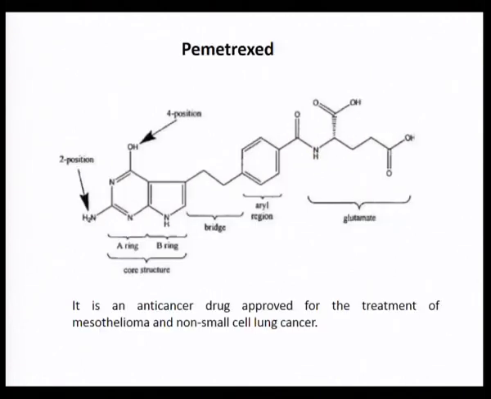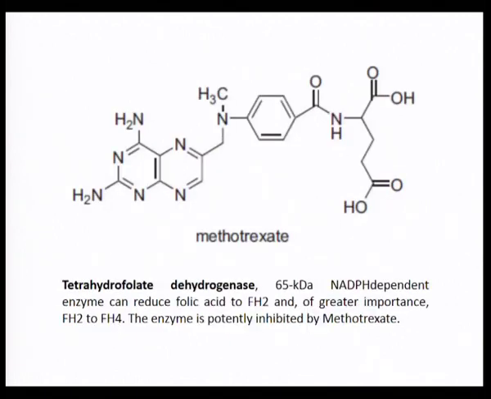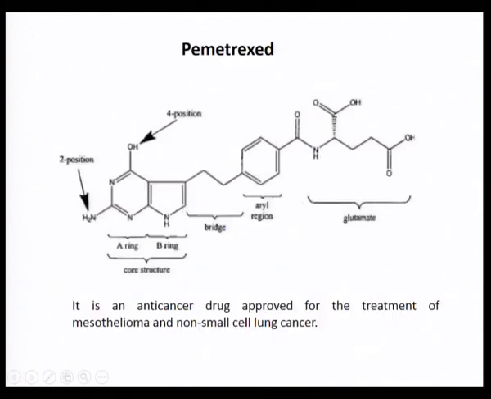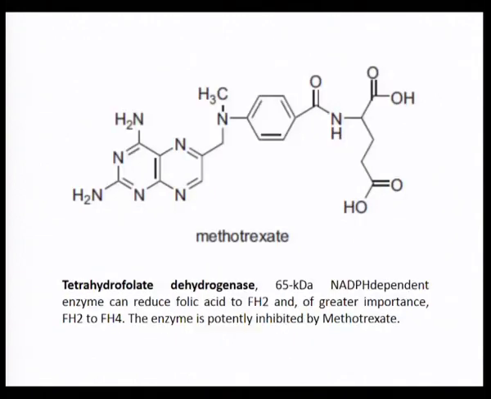Aminopterin has been replaced, or rather, is more popularly prescribed as methotrexate and pemetrexed, but methotrexate has an even wider application, and all fast growing cells would be inhibited. So, patients might suffer from gastrointestinal disorder, they could develop ulcers, but this drug is used in the treatment of leukemia, and not only leukemia but also psoriasis, and for maintenance of psoriasis this drug is given.